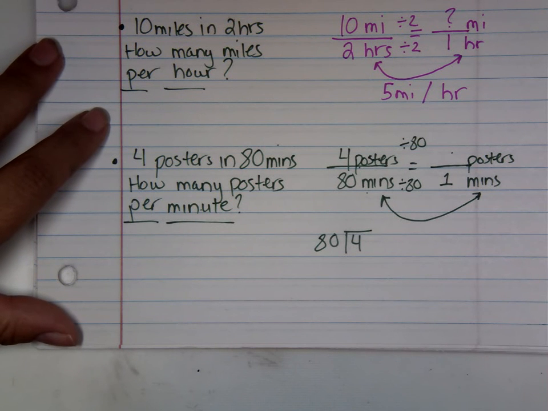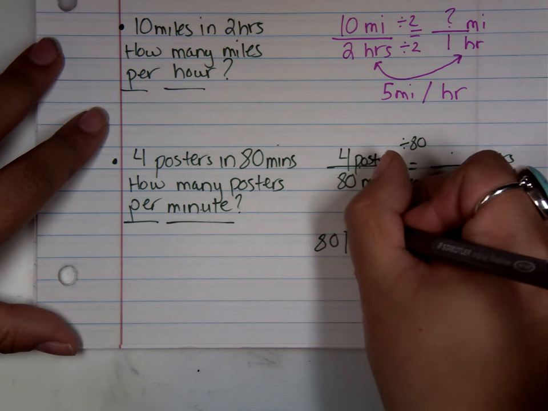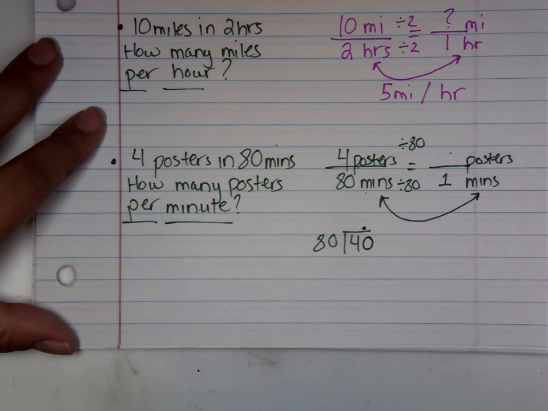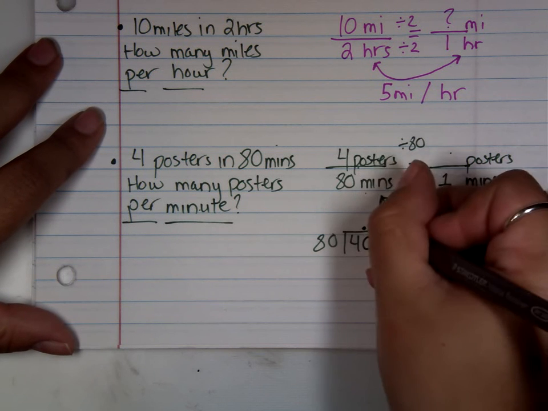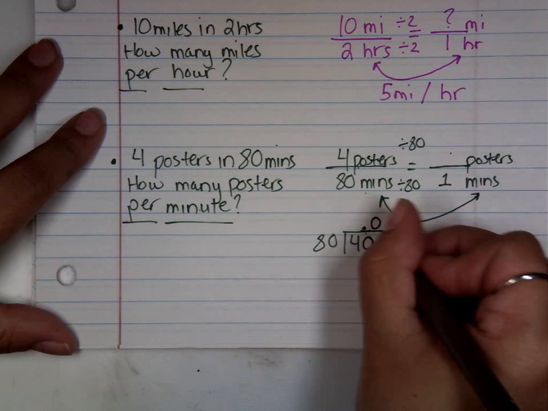Now, can 80 go in a 4? No, it can't. So I have to make it bigger. I'm going to add a decimal and a 0. How many times does 80 go into 40? Well, 0 times. It goes in 0 times. I'm going to make my line a little bit longer.